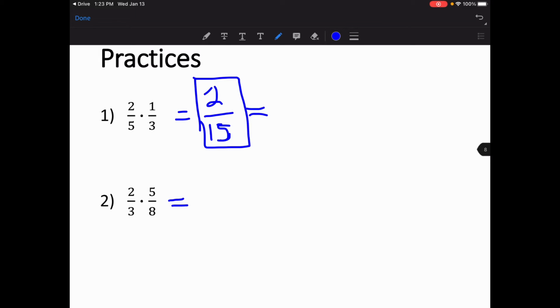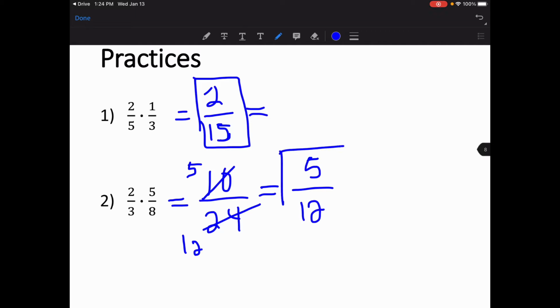Very good. And then let's look at the next one. 2 times 5 gives me 10, all over 3 times 8, which is 24. Can I reduce that any further? Yes, we can reduce it by 2. 10 divided by 2 is 5, and 24 divided by 2 is 12. Therefore, 5 over 12 is my answer.